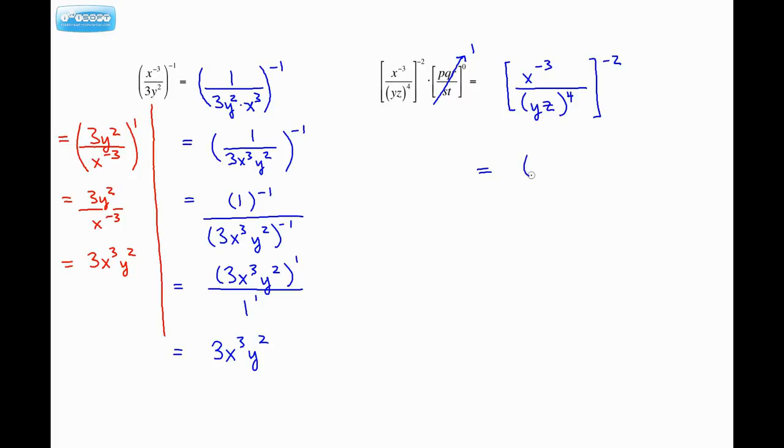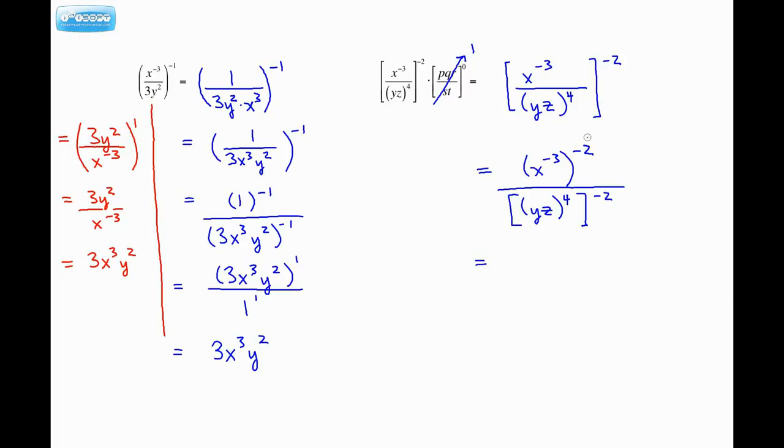That's the same as just raising top and bottom separately. So this is yz to the 4th. But then I have to raise this entire thing to the power of negative 2. This is just a different option.